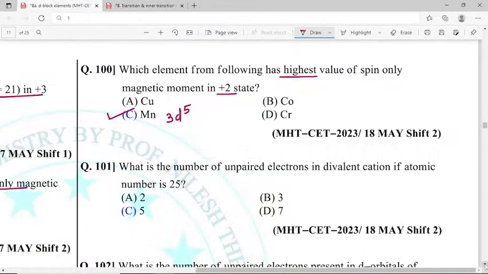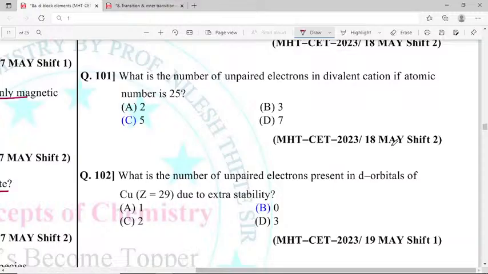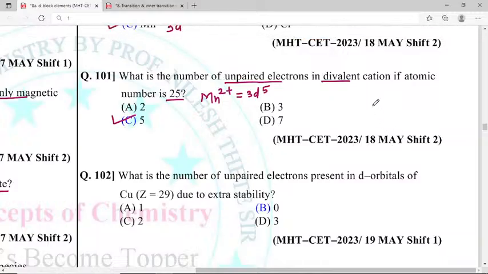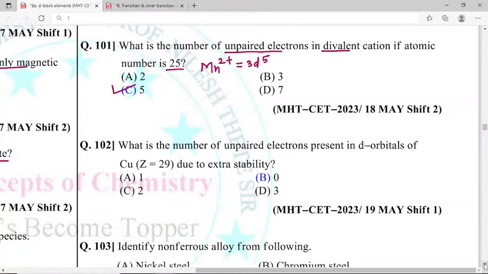What is the number of unpaired electrons? Divalent, atomic number 25. 25 is manganese. Manganese plus 2 is 3d5, so this is your answer: 3d5, 5 unpaired electrons.